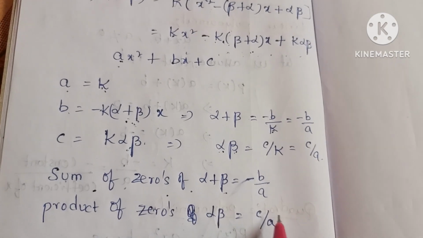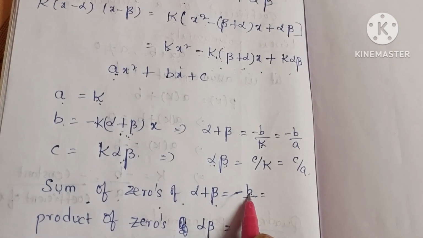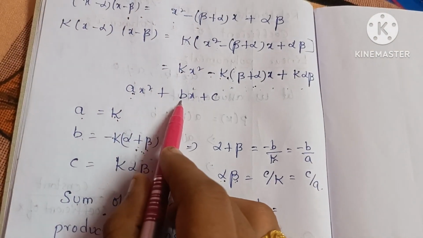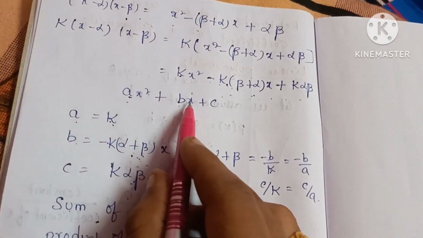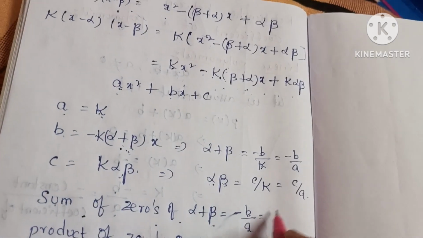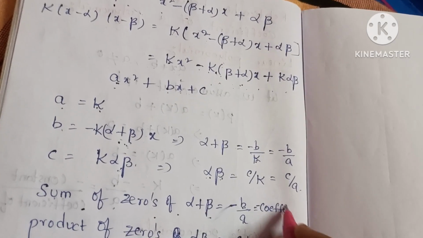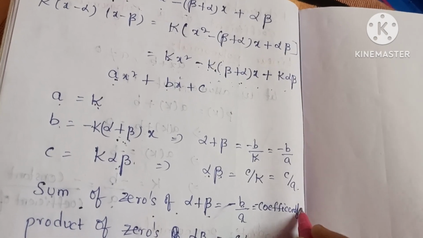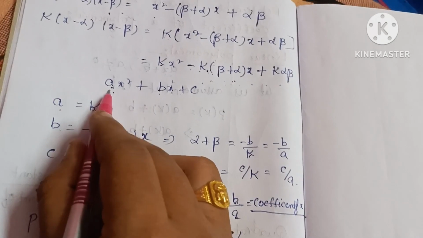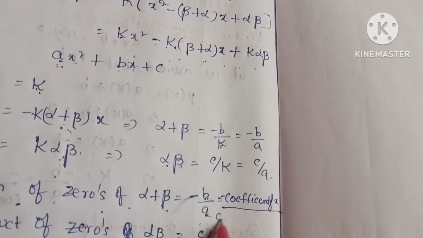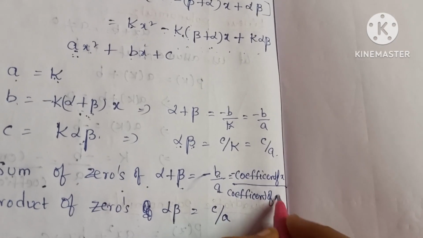Here minus b by a: b means the coefficient of x, so minus coefficient of x by, what is a here? The coefficient of x square.